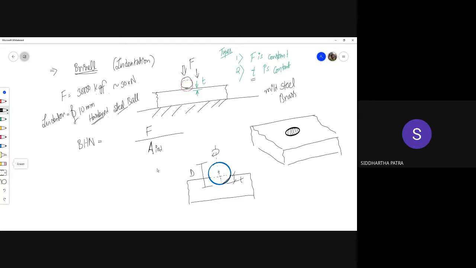Of course, we can use Pappus's theorem, but I'll not complicate it that way. Let's say this angle is theta, and this much is d theta. So this differential length would be D by 2 d theta.